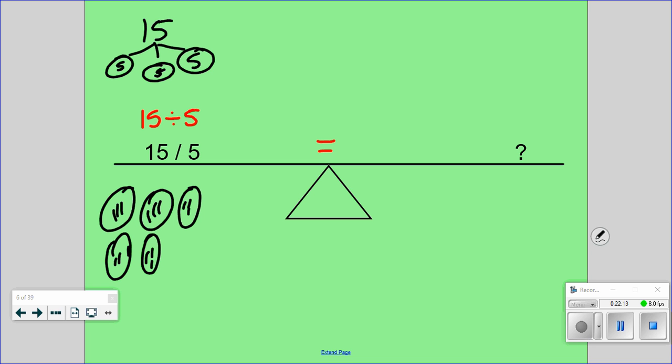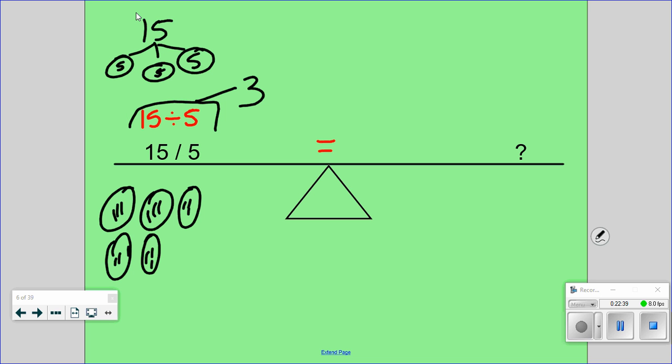It is not an addition problem, it is a division problem. Division counts groups of numbers, a little bit different. So this side of my equation is worth 3. 15 divided by 5 is equal to 3.